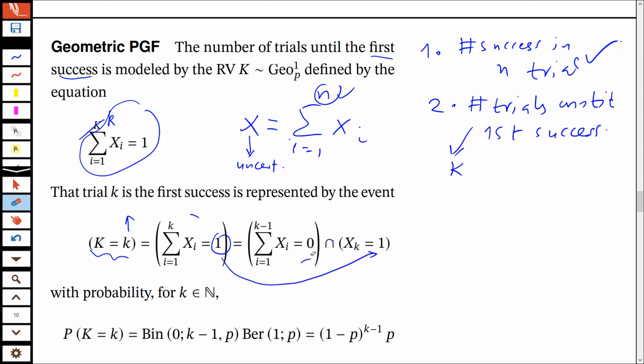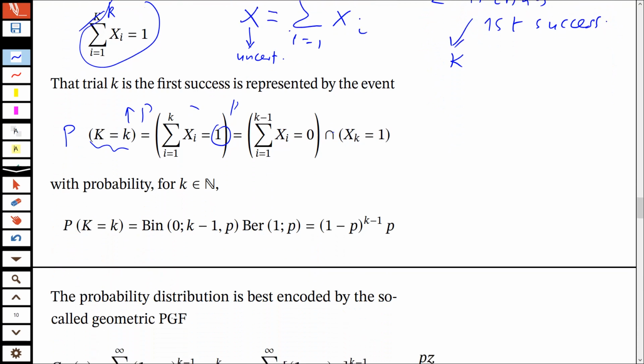So remember, because these are independent trials, these two events will be independent, which means that if I take the probability of this intersection there, it will be simply the product of these probabilities. And this will be valid for all non-zero integers, starting from 1, 2, and so on.